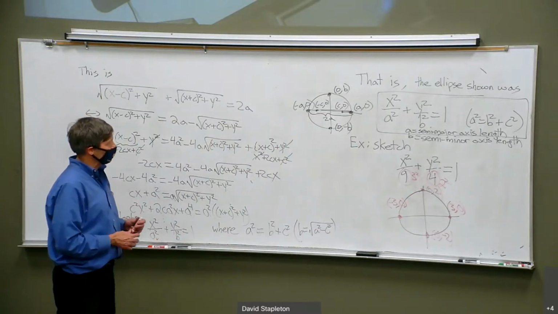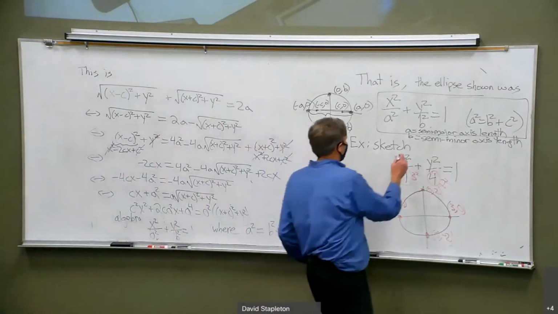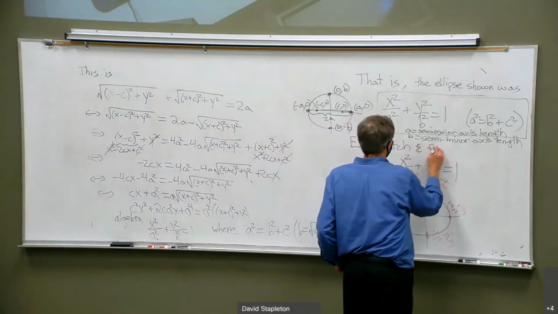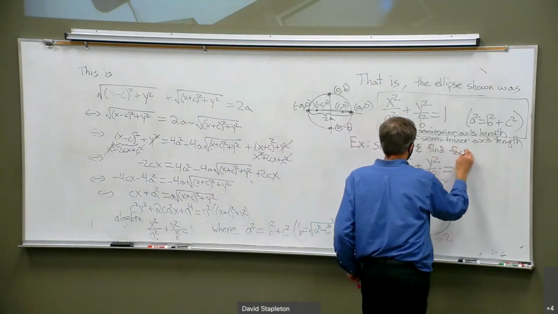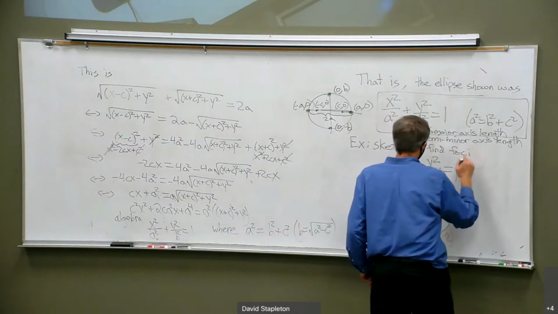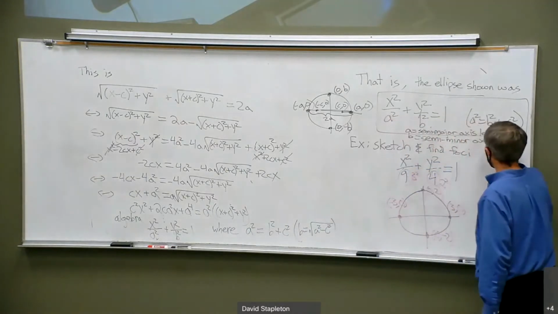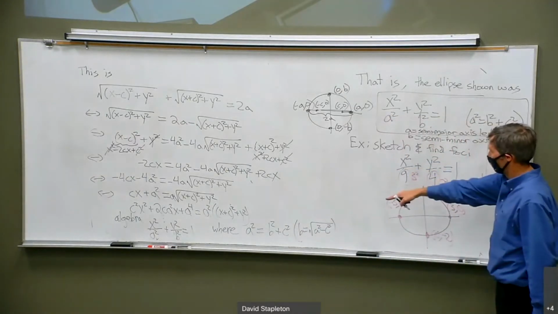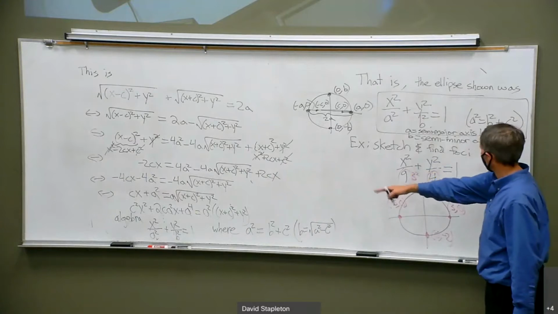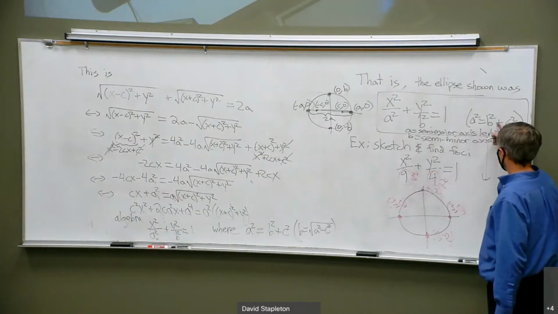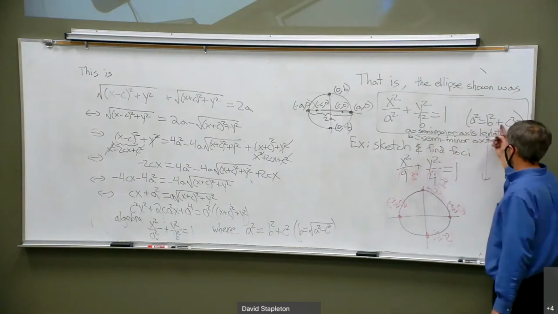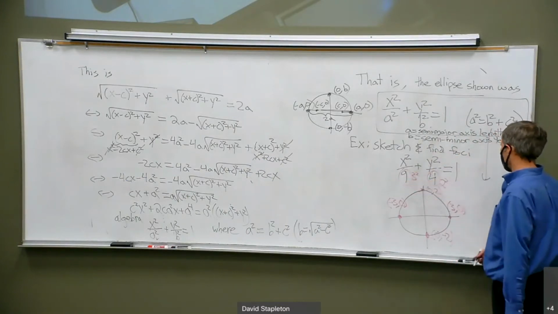Now, suppose I said sketch and find the foci. How do I find the foci? From the equation, right? Well, the foci come out of here. When you do that derivation, you can actually get y squared over a squared minus c squared, and then you call that b squared. You just define b that way.